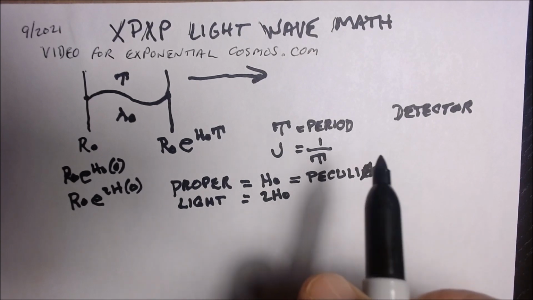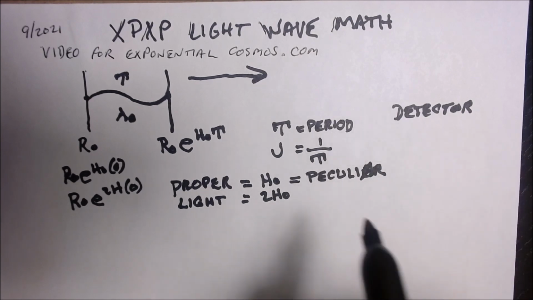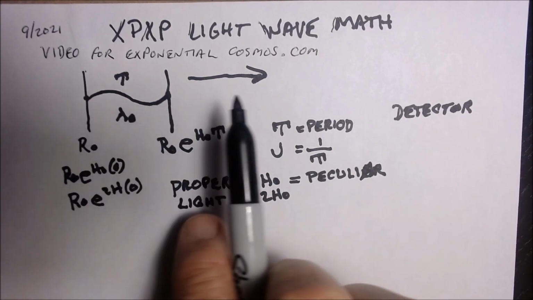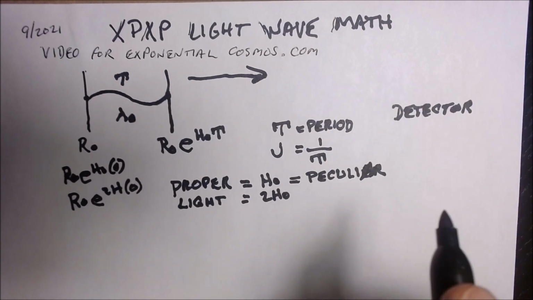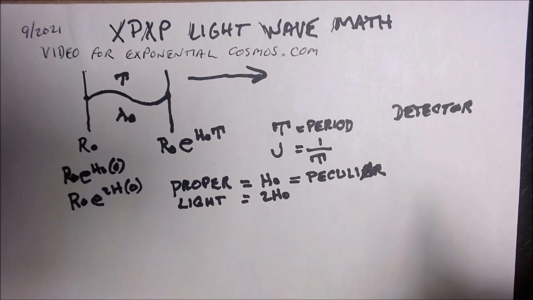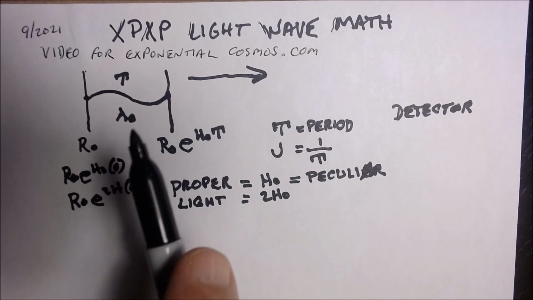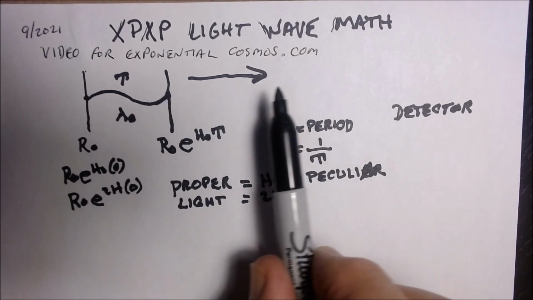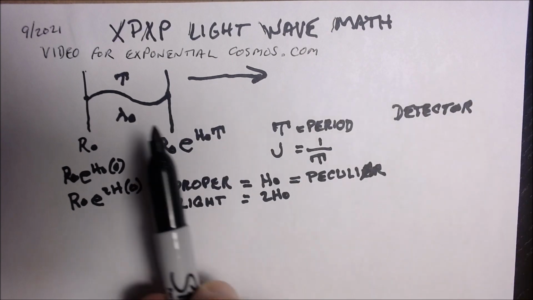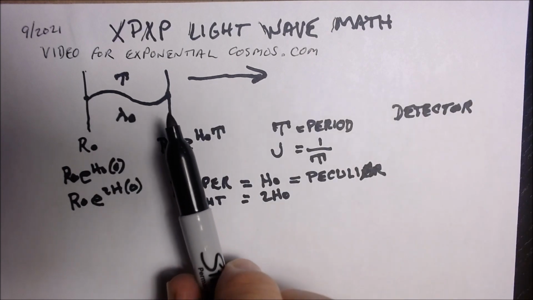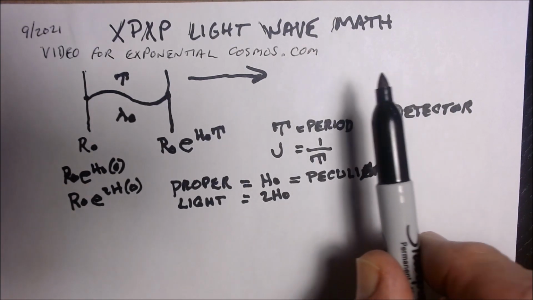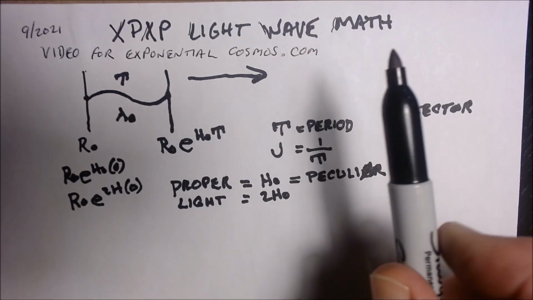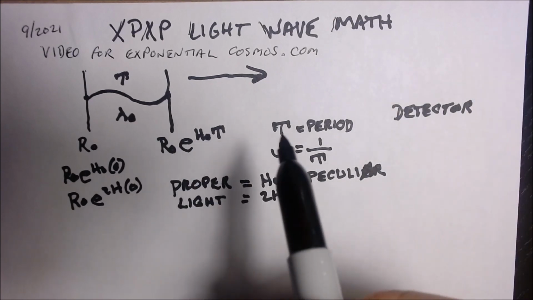Expansion is essentially dictated by H0. Now, as this wave moves through space through a delta t, which we call the time of flight, it is not flying, but it is moving from here to the detector. All that way, it is expanding in length by e to the H0 t during that time.